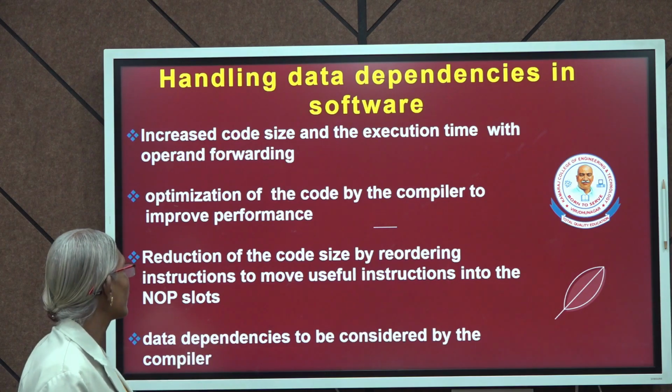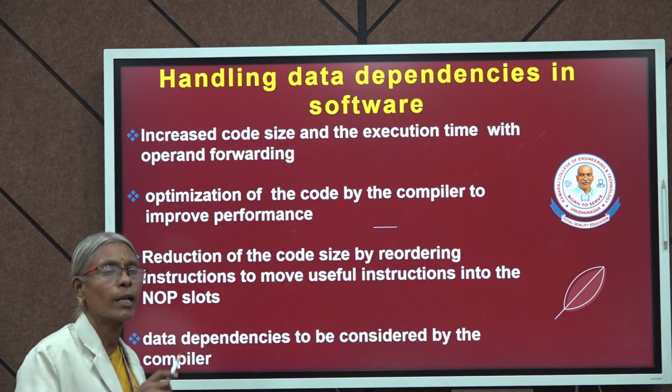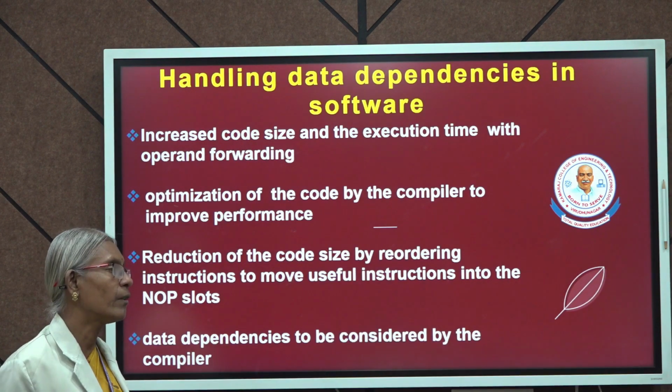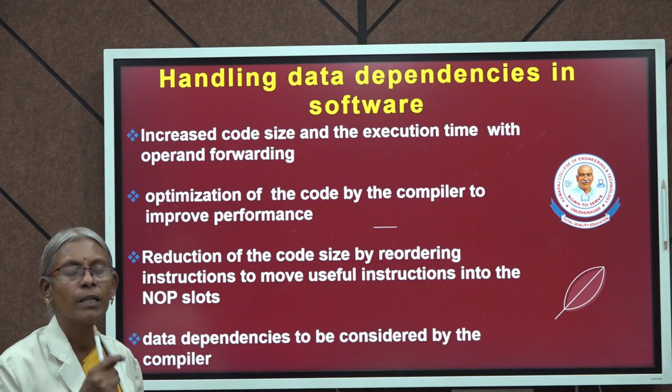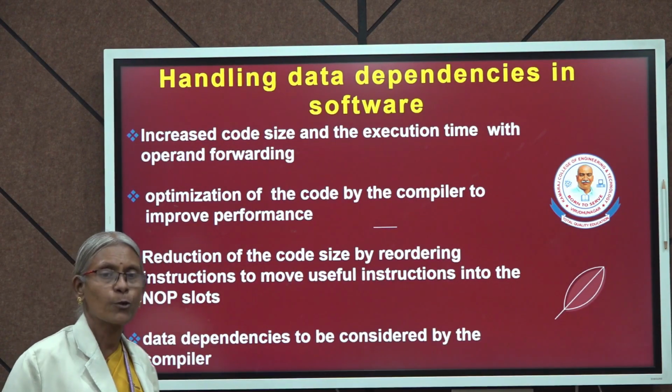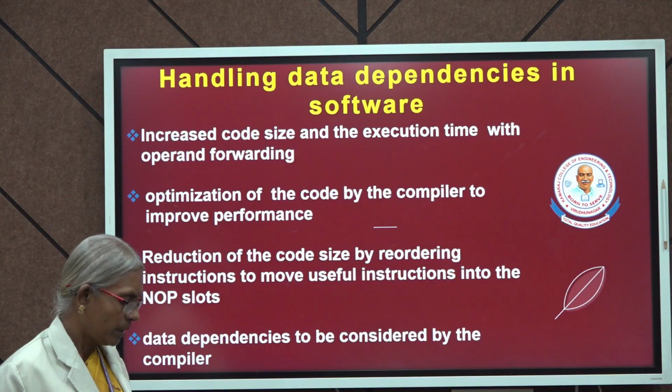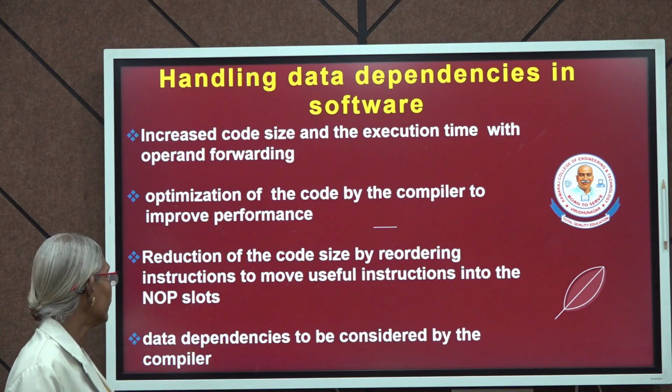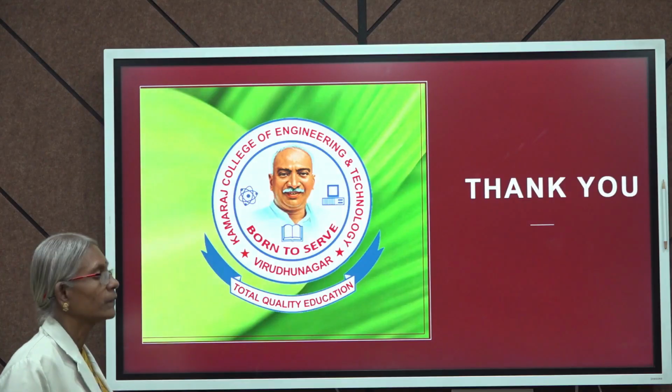One solution we can have is reordering the instructions. When we have many instructions, they can be reordered so that the execution will not be affected at any time. Thank you.